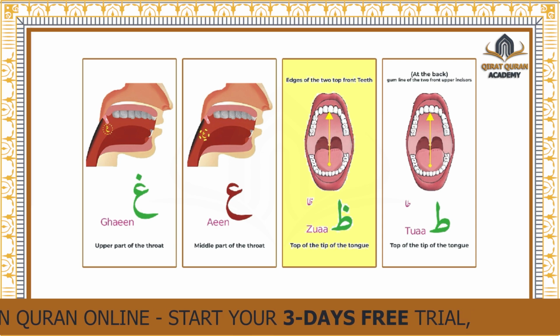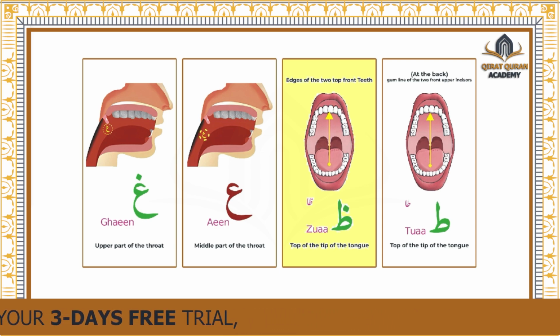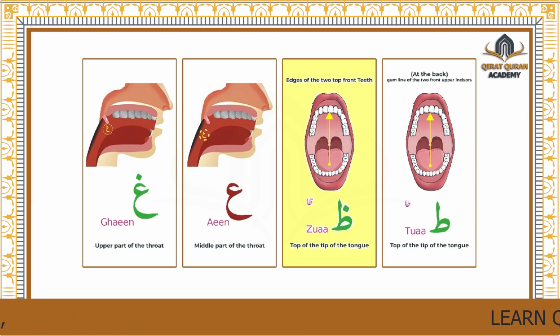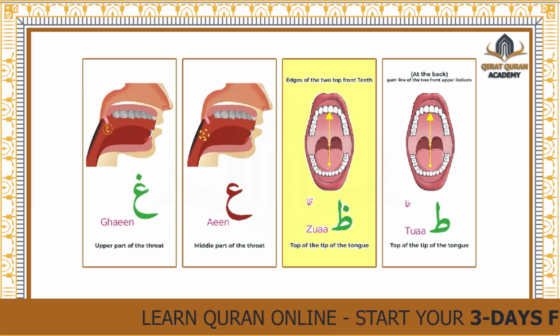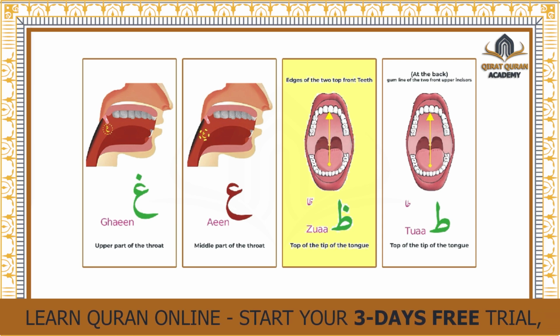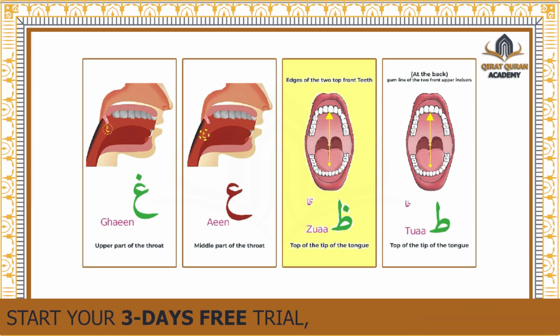As in the previous lesson, we have learned about Zal and Tha. So these three letters, Zal, Tha and Thaw, are soft letters. These three letters have the same origin, but shapes are different, sounds are different.